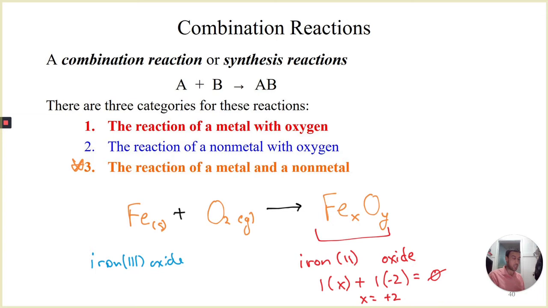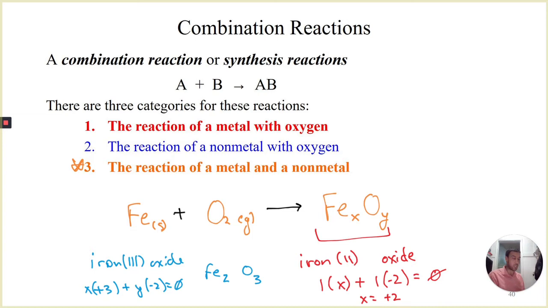If we were to come up with the formula for that, Fe, N, O, iron's a +3. How many irons do I have? Plus, I don't know how many oxygens I have, -2 equals 0. And when I go through to figure that out, I end up finding out my formula is Fe2O3, a different formula.